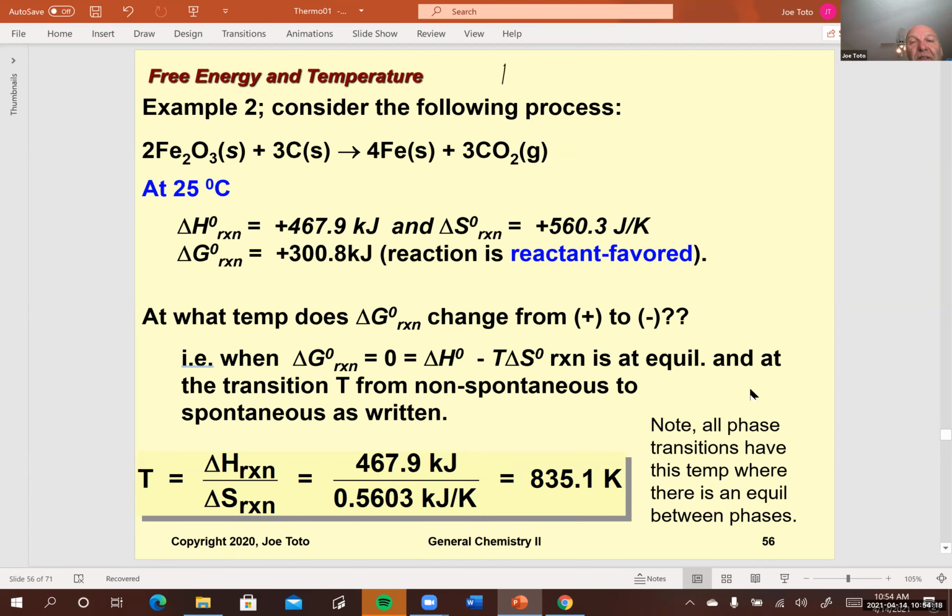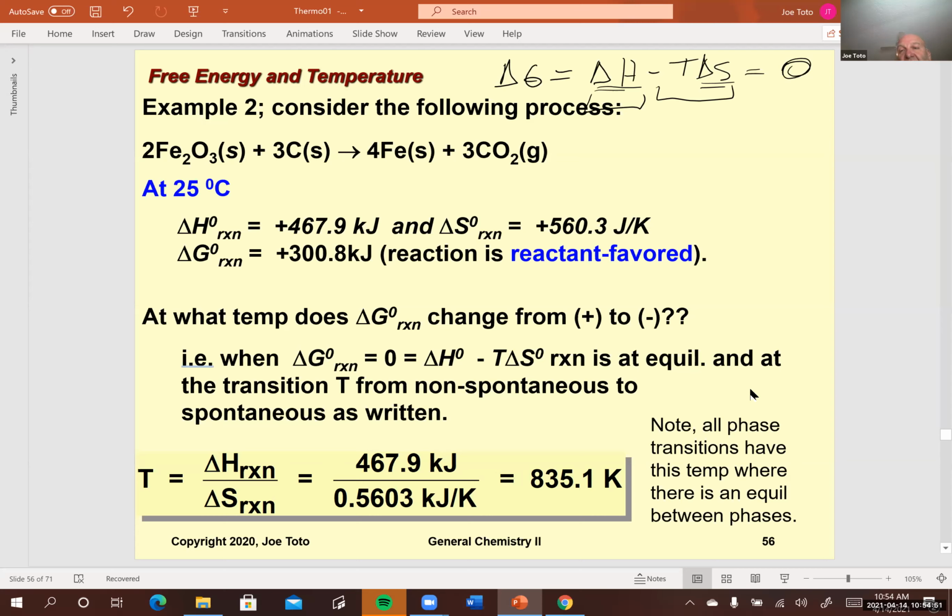So we know that delta G equals delta H minus T delta S. So we know that we can talk about equilibrium, and when this term here exactly balances out this term, that's equilibrium, because then delta G will equal 0.